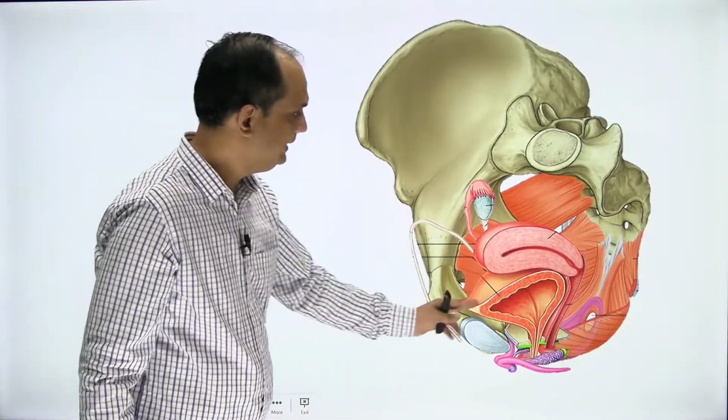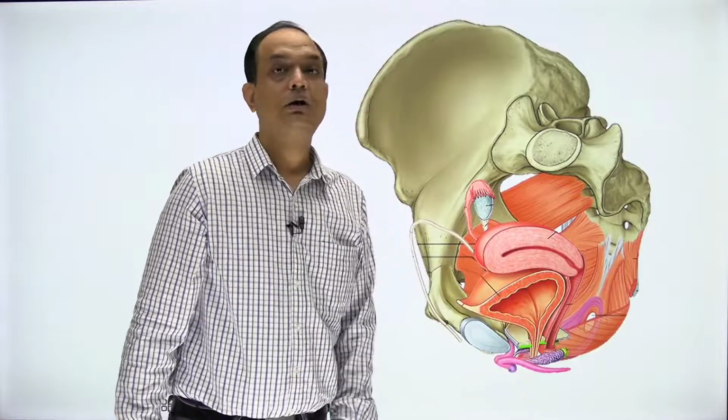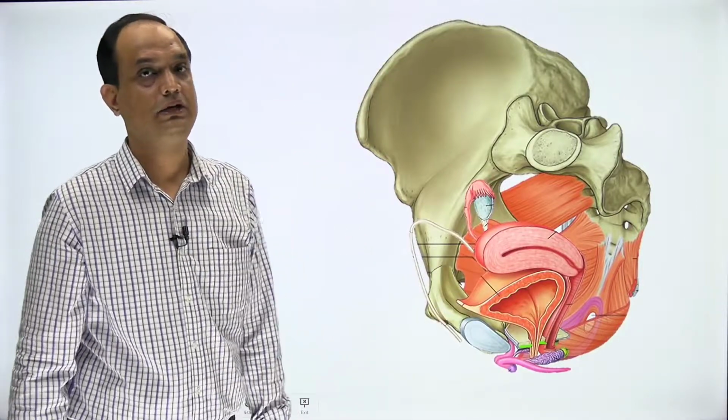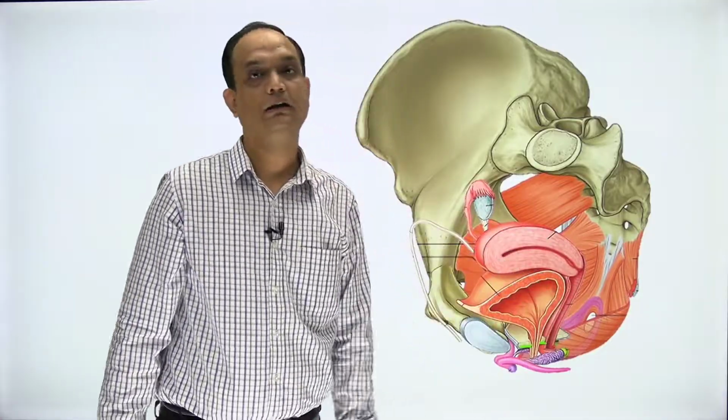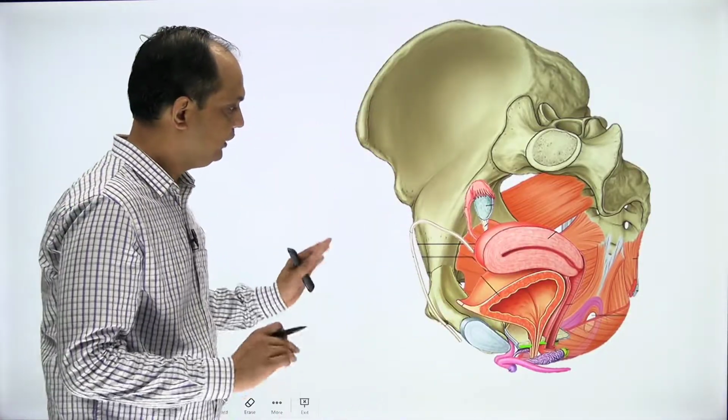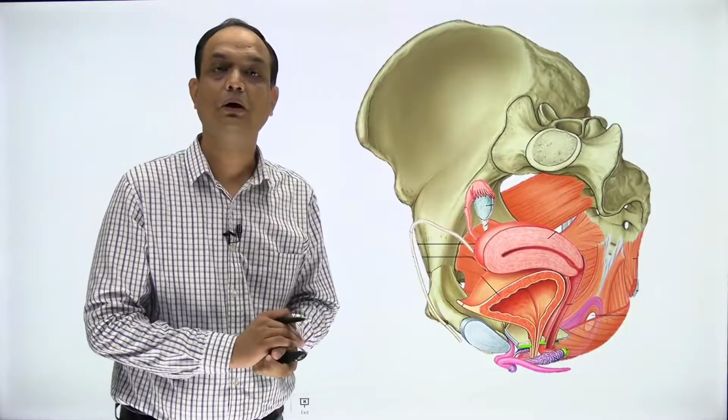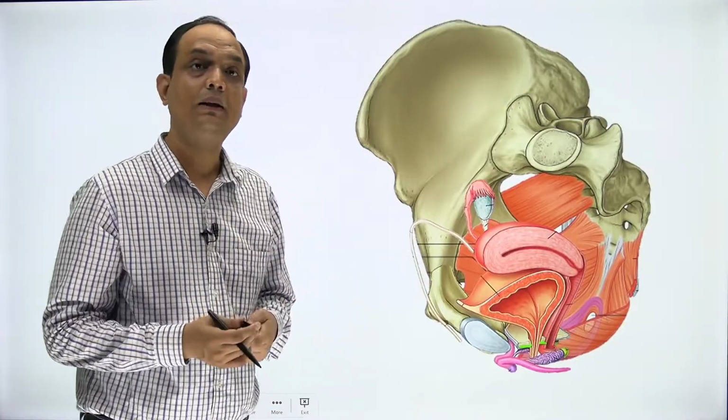Now apart from that, you have an additional organ of the female, the uterus, and it has the vaginal canal. Clear? So what is the basic thing which you should know about the male female pelvis?